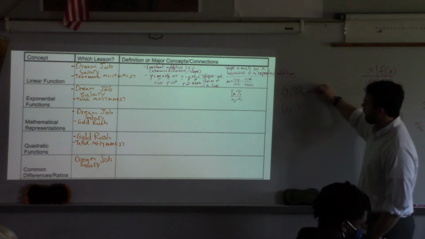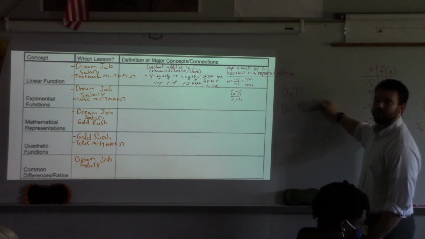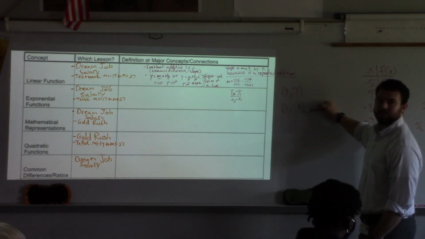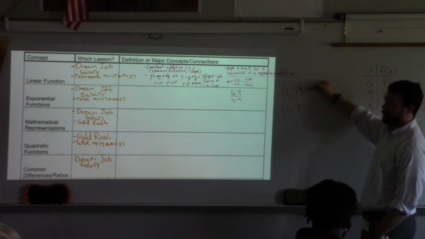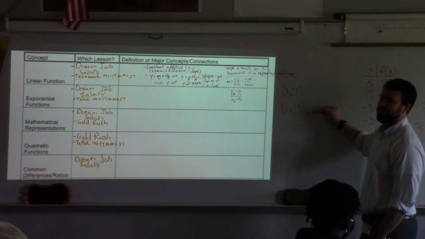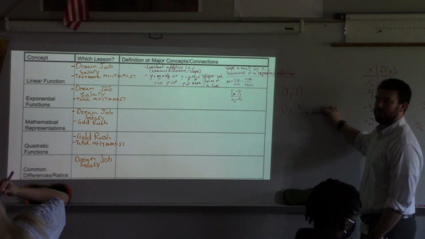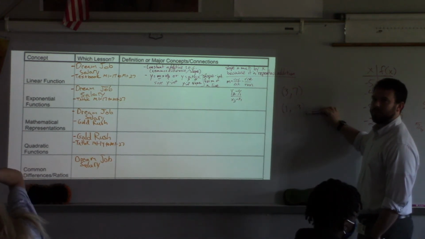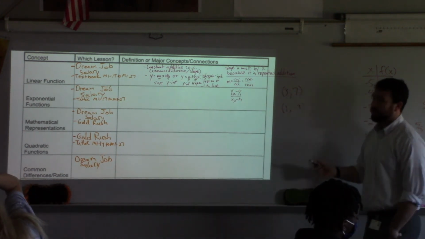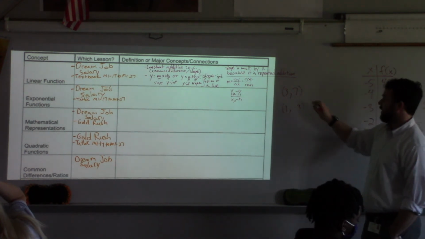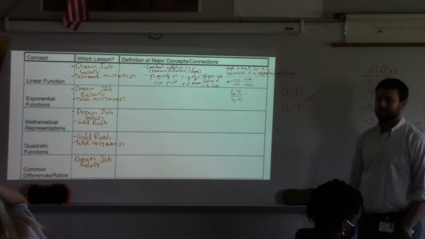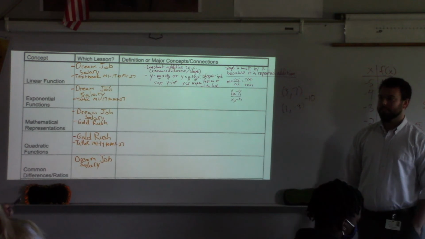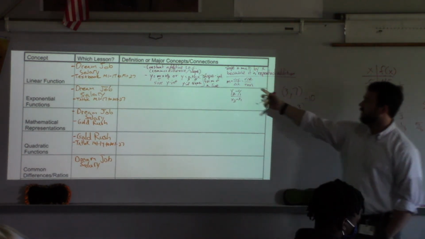So to go from 7 to negative 3, what did you have to do? Go from 7, my y value, to the other y value of negative 3. You could do negative 3 minus 7. I'm just saying I'm subtracting 10. Right? That's my change in y.